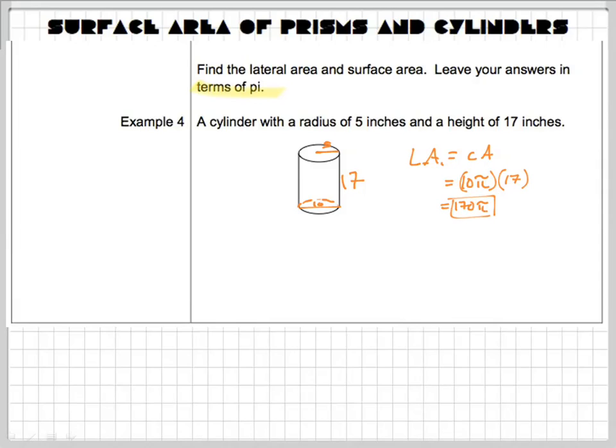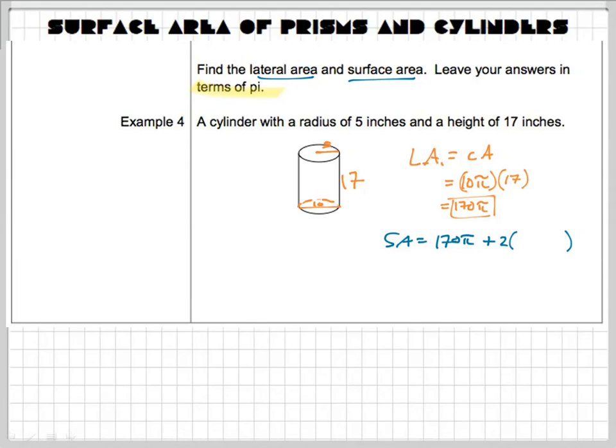We found this lateral area. Now let's find the surface area. We take the lateral area, which was 170 pi, and add that to the two areas of the bases.